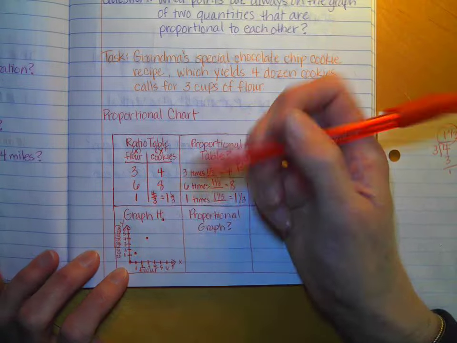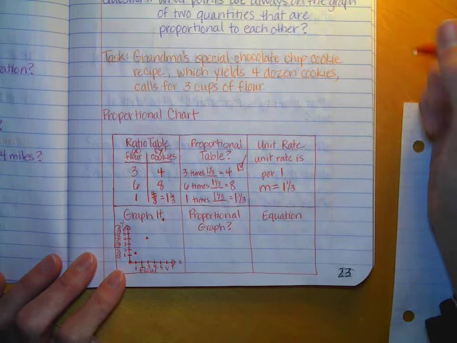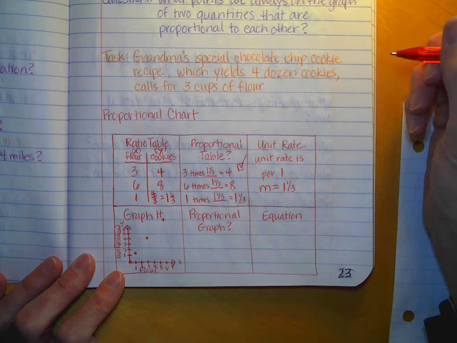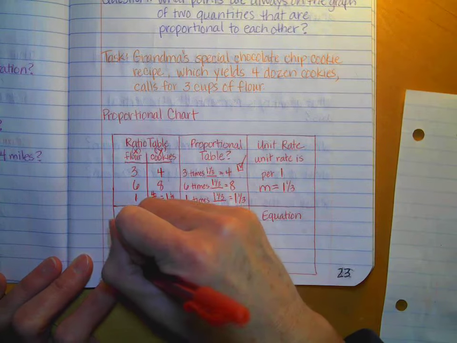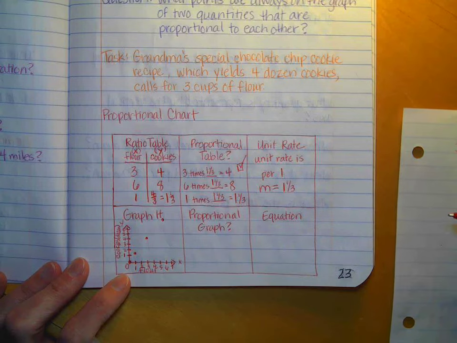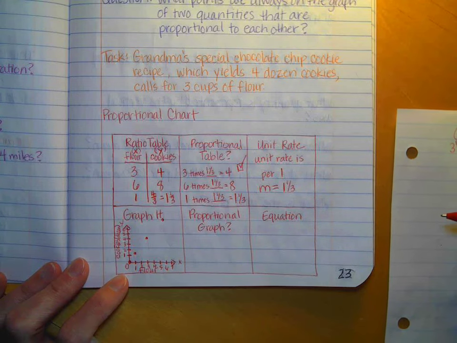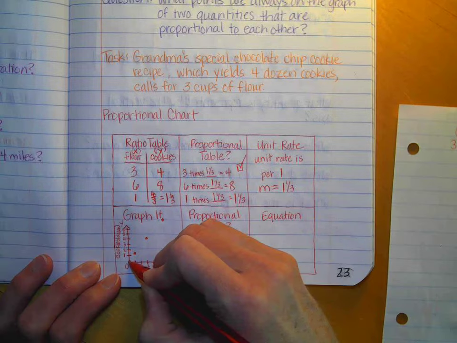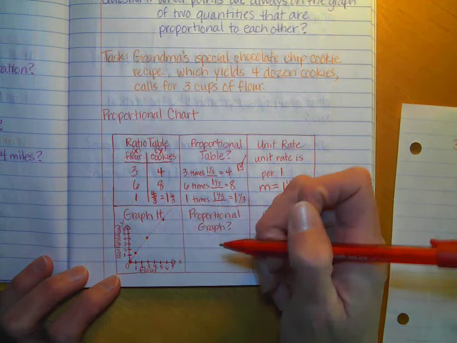Okay, the only one that we forgot to talk about was, boys and girls, what happens if you have 0 cups of flour? How many dozens of cookies get made? That's right, 0. So 0, 0, because if you have 0 cups of flour, then you have 0 cups of cookies being made. All right, so that looks like a pretty good graph, okay?